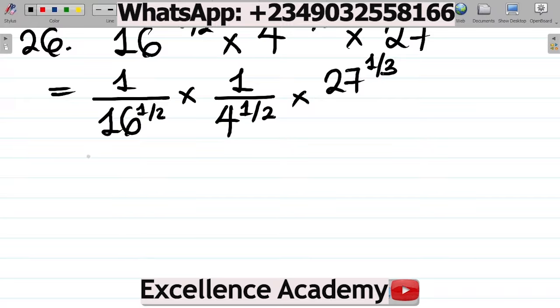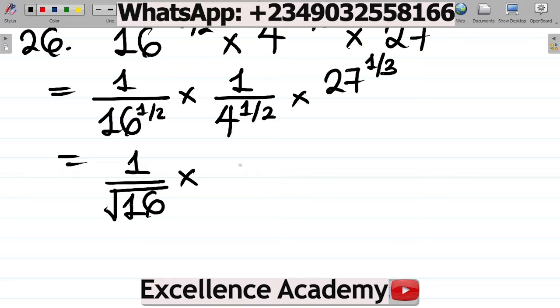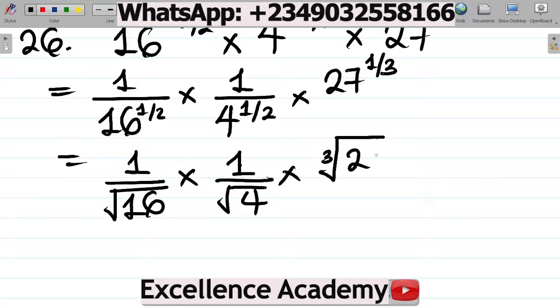Let's proceed. This is equal to 1 all over 16 to the power 1 over 2, which means the square root of 16, times 1 all over 4 to the power 1 over 2, which simply means the square root of 4, times 27 to the power 1 over 3, which means the cube root of 27.